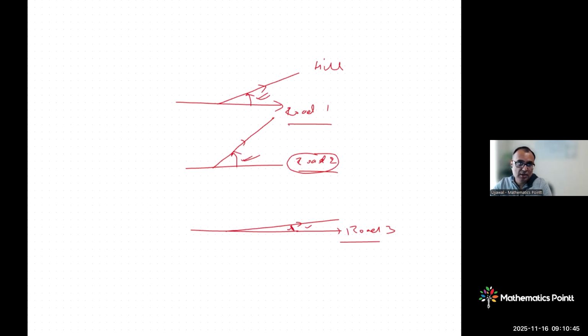So the measure of the steepness, mind you, is called slope.